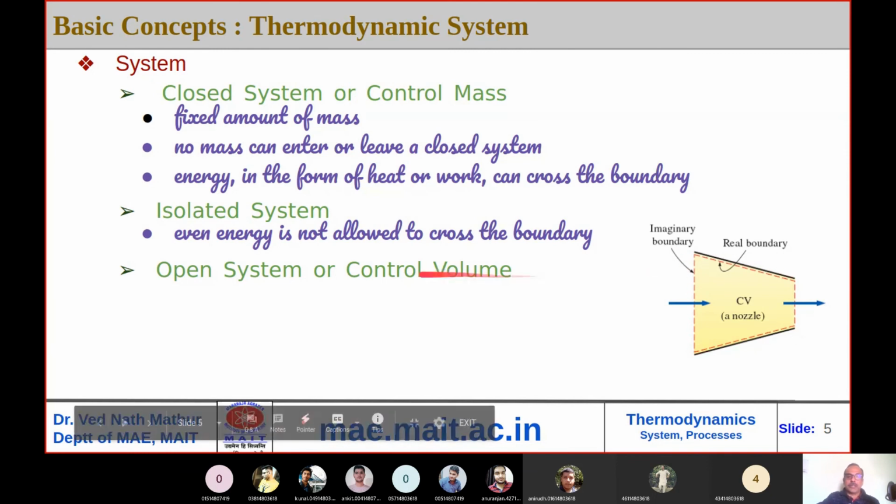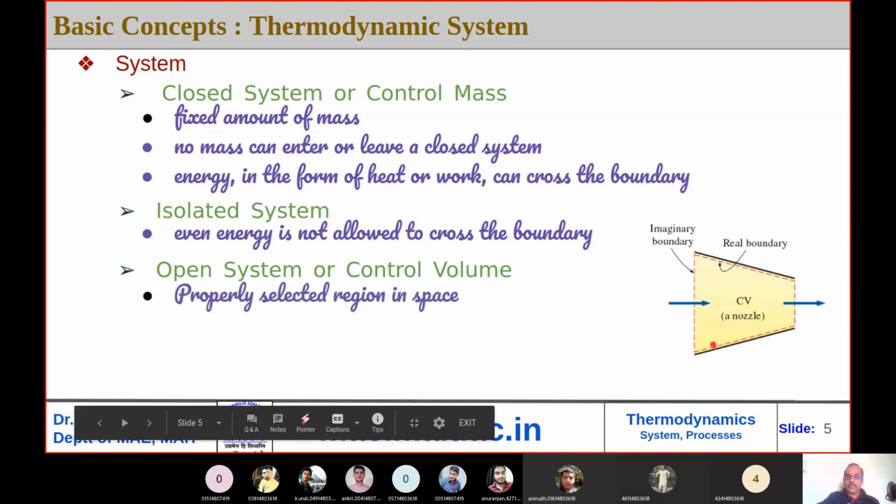This kind of system is called an open system because mass is continuously coming in and continuously going out. We are not focusing on some chunk of mass and moving along with it. We have identified a fixed space for study, and this properly selected region of space is the open system.